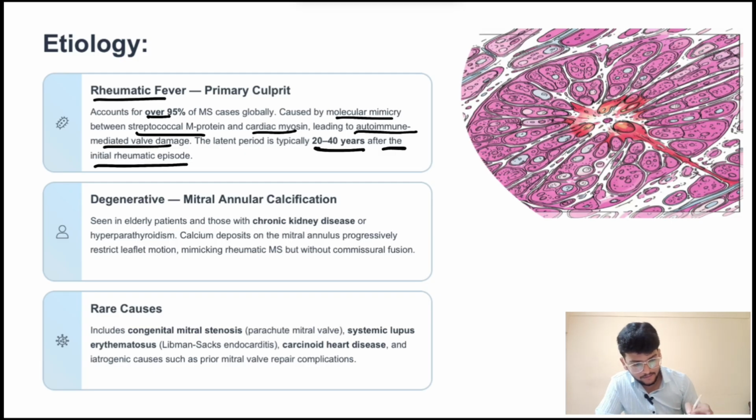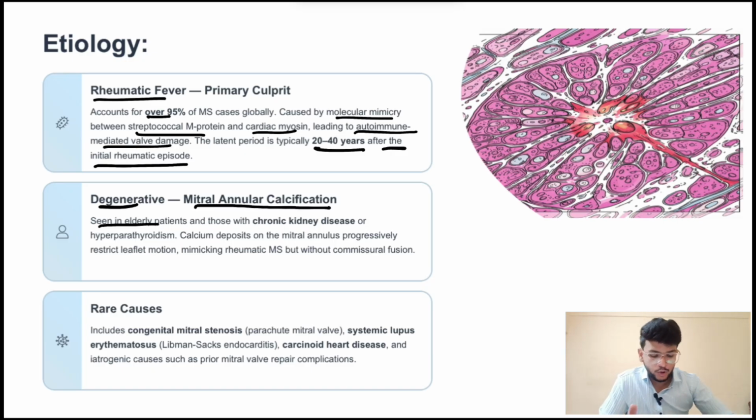Degenerative, that is mitral annular calcification, is seen in elderly patients and those with CKD or hyperparathyroidism. Calcium deposits in the mitral annulus progressively restrict the leaflet motion, mimicking rheumatic mitral stenosis.